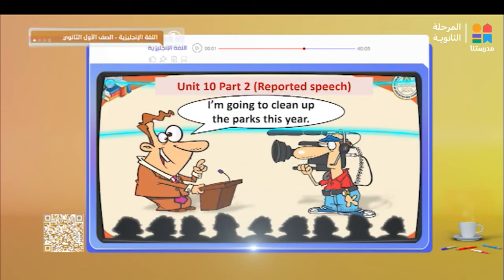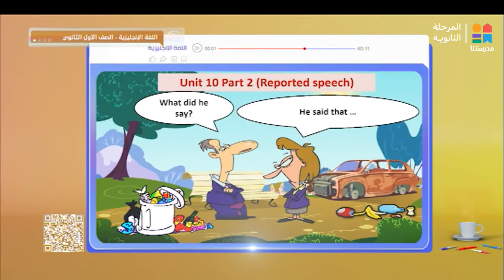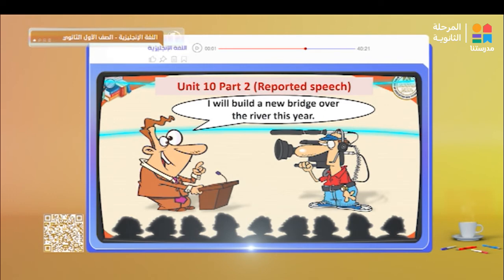I'm going to clean the parks this year. This is a sentence. What did he say? He said that he was going to clean the park. So I'm going is changed into he was going, and this year is changed into that year. I will build a new bridge over the river this year.